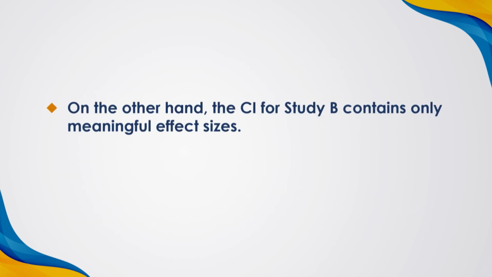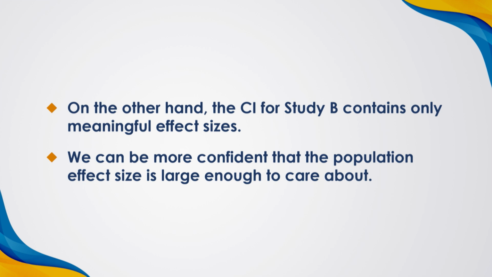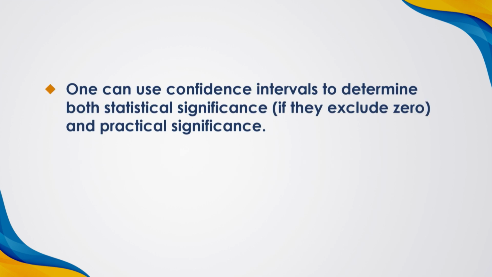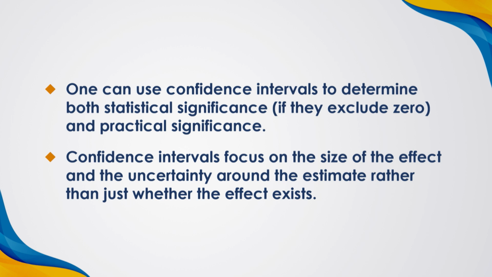On the other hand, the confidence interval for study B contains only meaningful effect sizes. We can be more confident that the population effect size is large enough to be cared about. One can use confidence intervals to determine both statistical significance, if they exclude 0, and practical significance. Confidence intervals focus on the size of the effect and the uncertainty around the estimate, rather than just whether the effect exists.